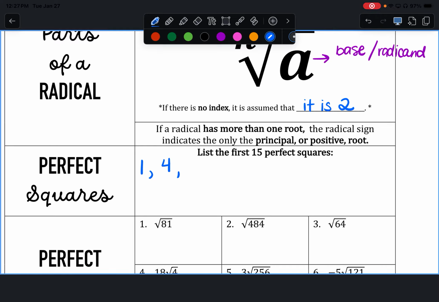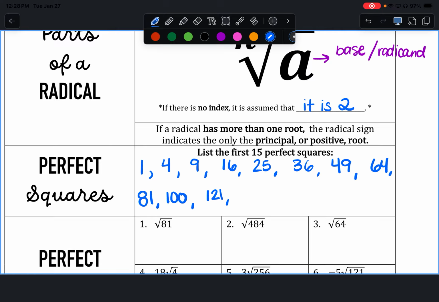What is 3 squared? 4 squared? 5 squared? 6 squared? 7 squared? 8 squared? 9 squared? 10 squared? 11 squared? Yep. Oh, you got it right.